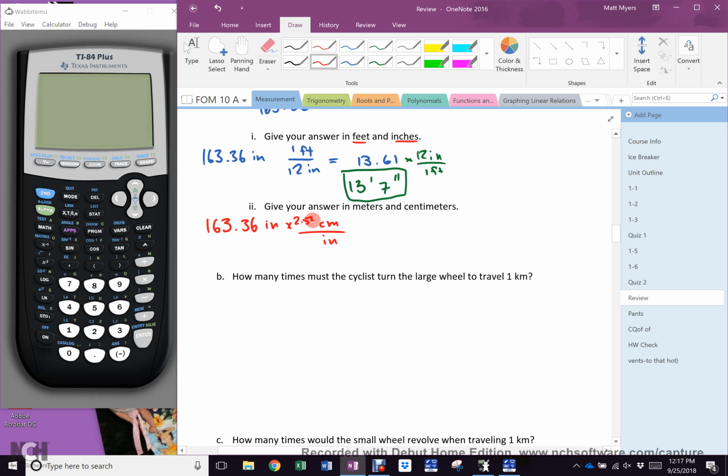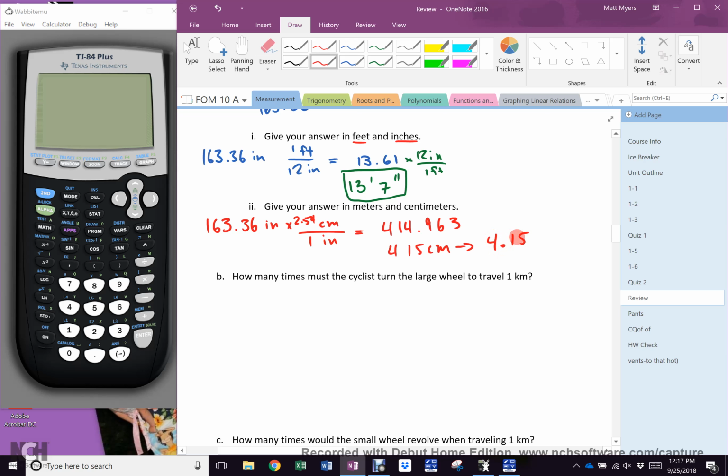The 2.54 is up there. The 1 is there. And I get 414.963 or something. Isn't that 415 centimeters? And to make that in meters, how far does that decimal place have to go? 4.15. 4 meters, 15 centimeters.